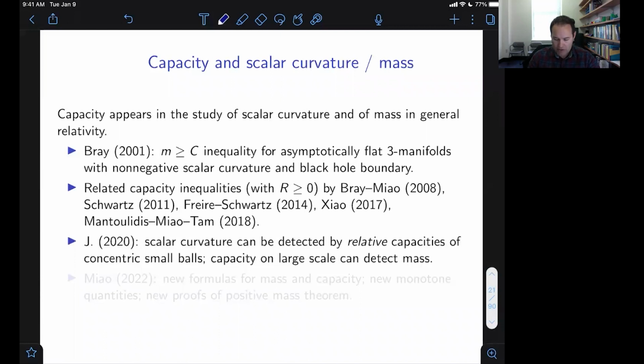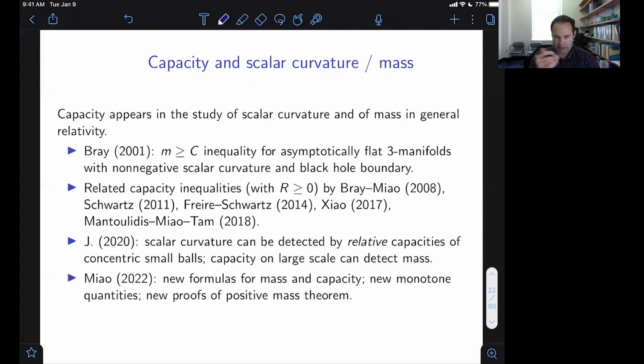A local result is that just like you can detect scalar curvature through volumes of small balls in a Riemannian manifold, there's a result that you can actually detect scalar curvature by the behavior of capacity. Technically, it's the relative capacity of concentric balls. The last part, about capacity on the large scale to detect mass, that's really what I'll be talking about in the third part of the talk.